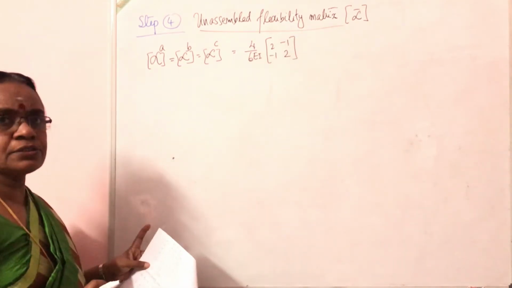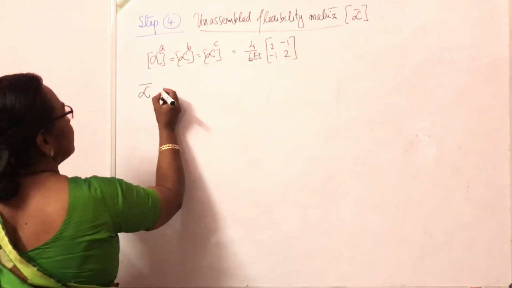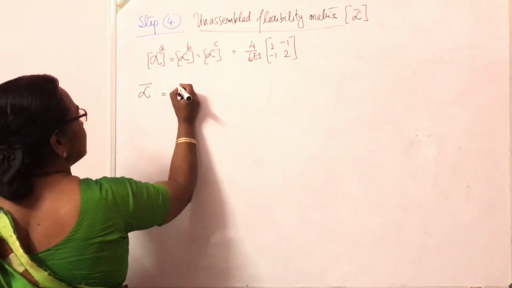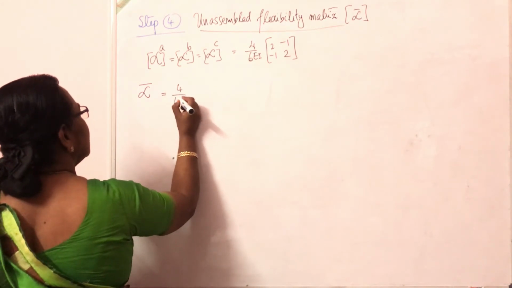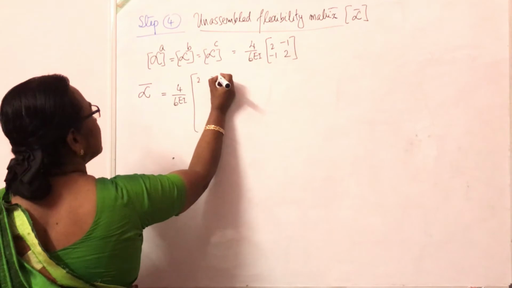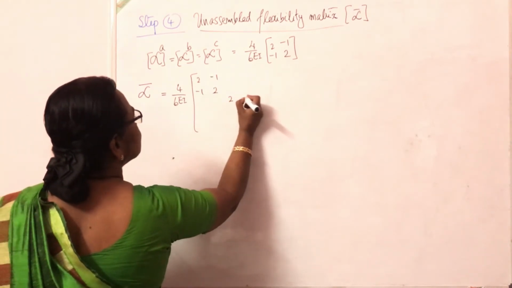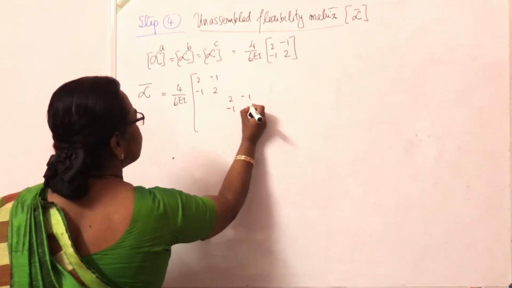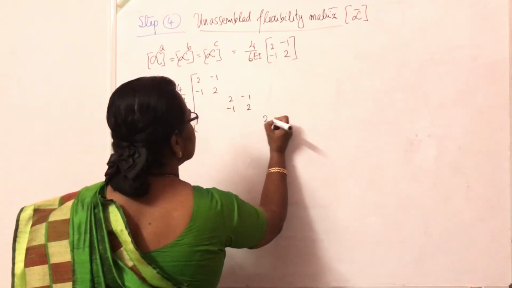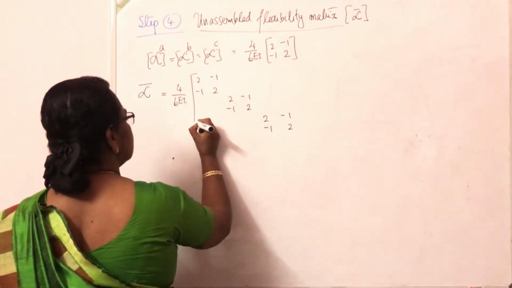So let us arrange it. Alpha bar, the unassembled flexibility matrix or the uncoupled flexibility matrix, is 4 by 6 EI. Take it outside. 2 minus 1 minus 1 2 for the first element, 2 minus 1 minus 1 2 for the second element, 2 minus 1 minus 1 2 for the third element.